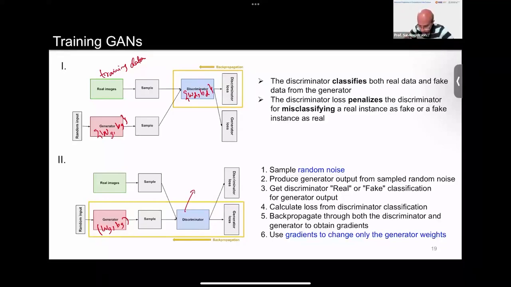Here, in step 2, you freeze the weights and biases. That means that in step 2, you're not changing W_D and B_D. Okay, so you're holding those fixed, but then you evaluate the discriminator loss for those W_Ds and B_Ds that we learned in phase 1. You backpropagate that loss, and that is actually going as a feedback.